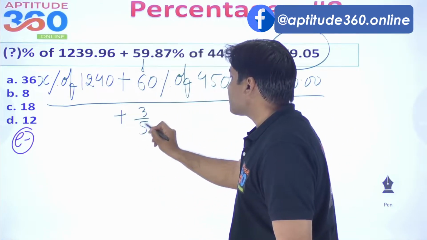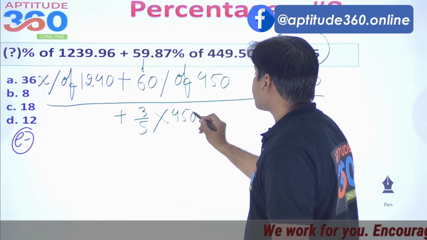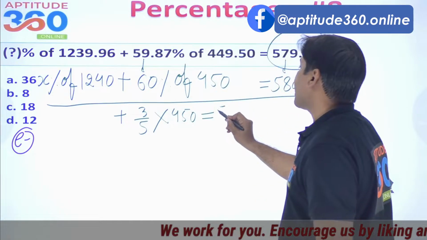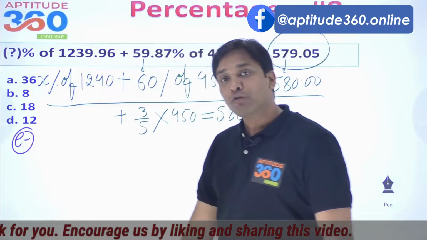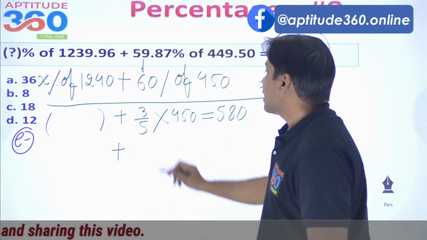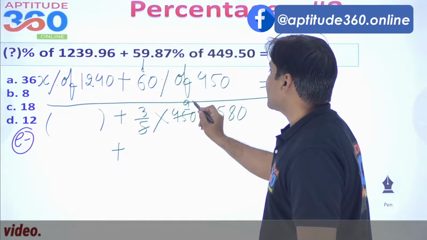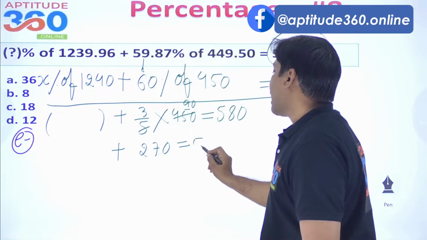Now if I have to simplify this, 60% is what? 60% is 3 by 5, 60 upon 100 of 450, which is equal to 270, and this number is 580 out here, right? Then x percent of 1240, let us keep it over there, plus. This number is 90 into 3, coming out as 270, and this is 580.